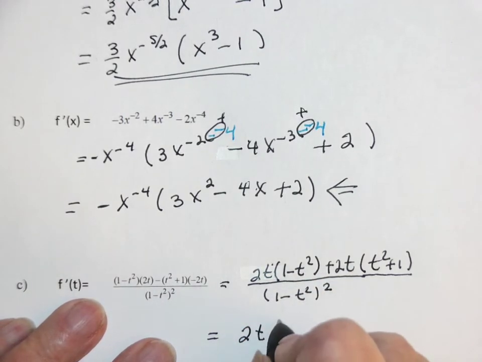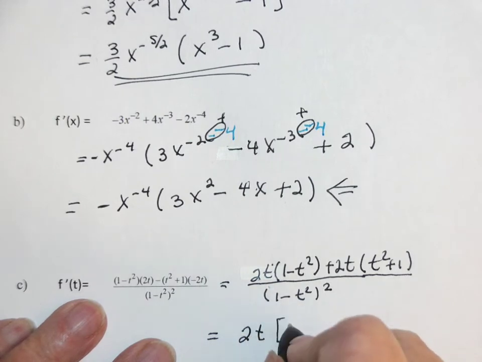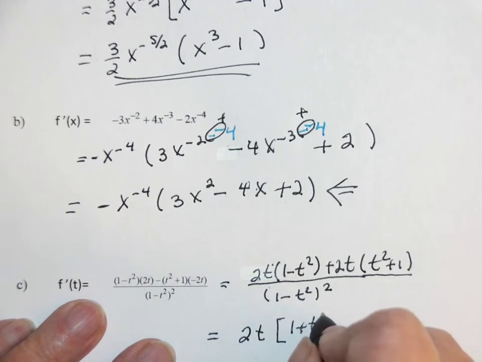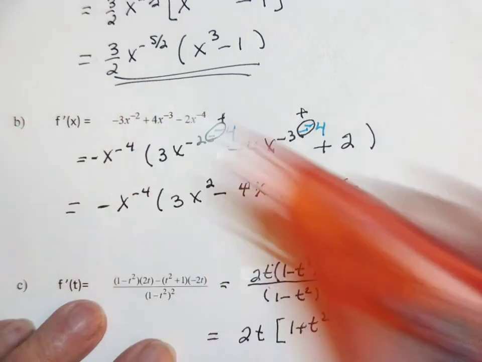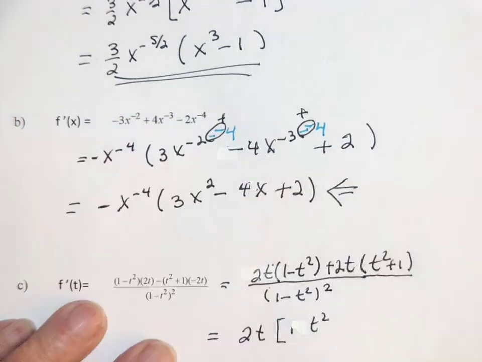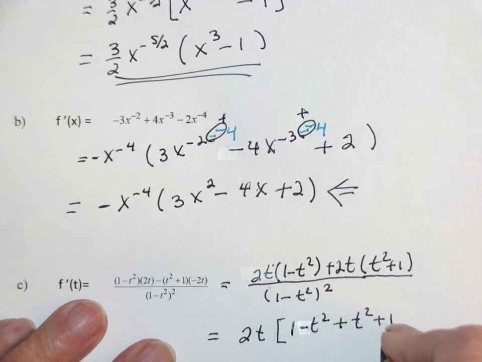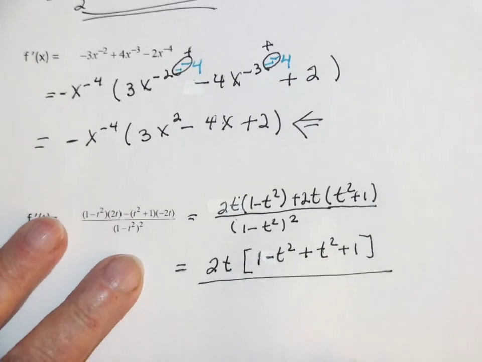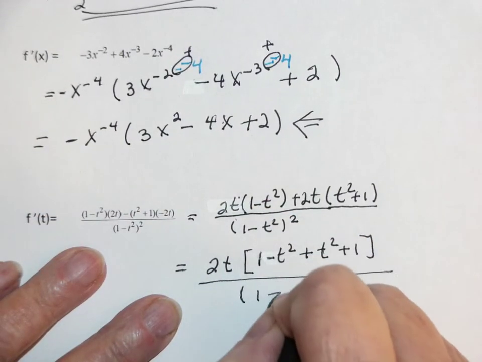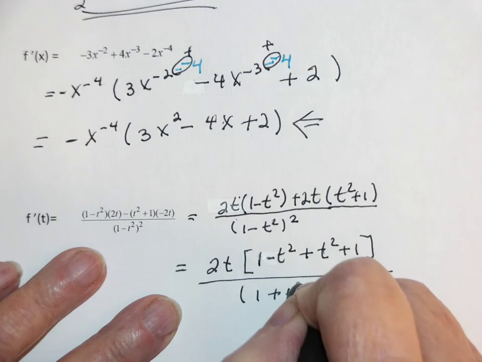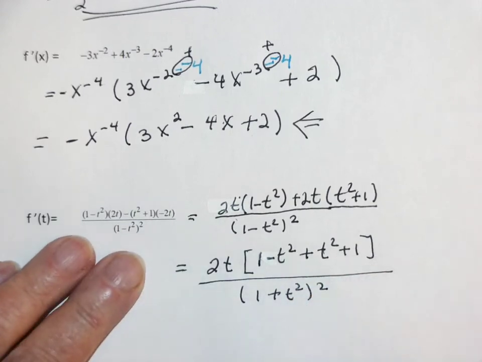That's going to give me a 1 plus t squared minus t squared. I'm taking the 2t out, plus t squared plus 1, over 1 plus t squared squared.